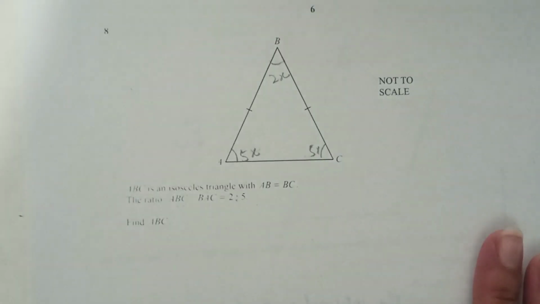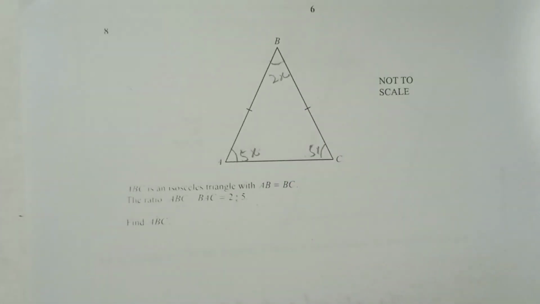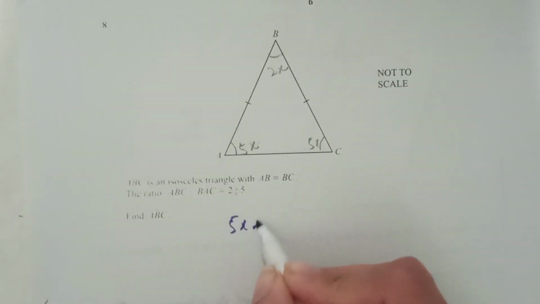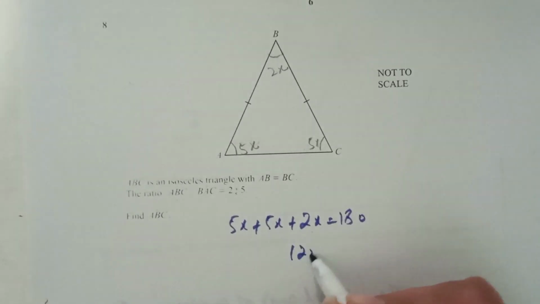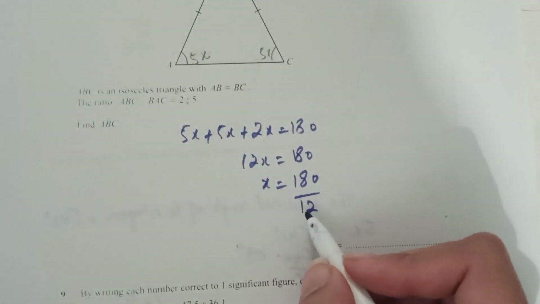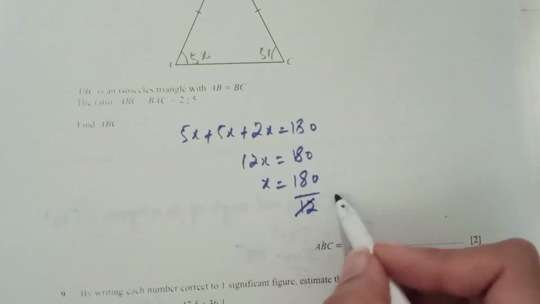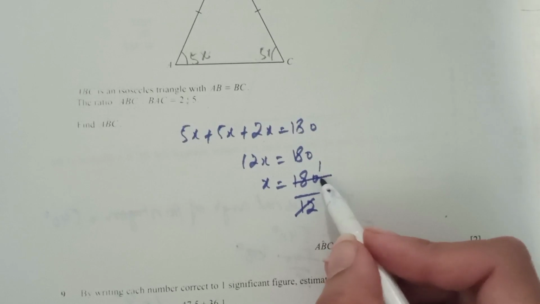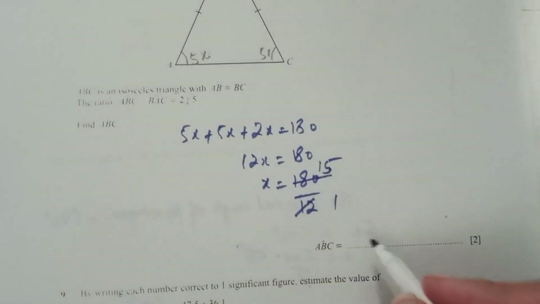Now students, we know that the internal angles of the triangle add up to 180. We write it like that, 5x plus 5x plus 2x is equal to 180, 12x equals 180. 180 divided by 12, and when we divide it, we get 15.